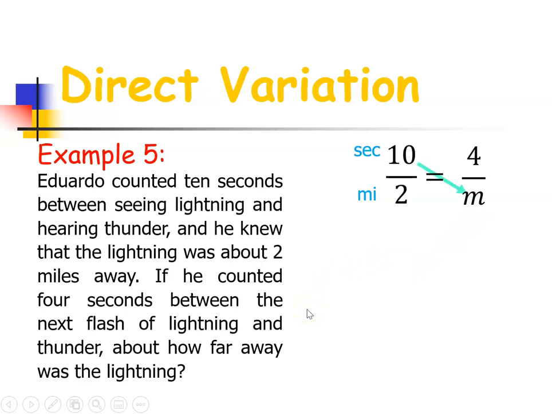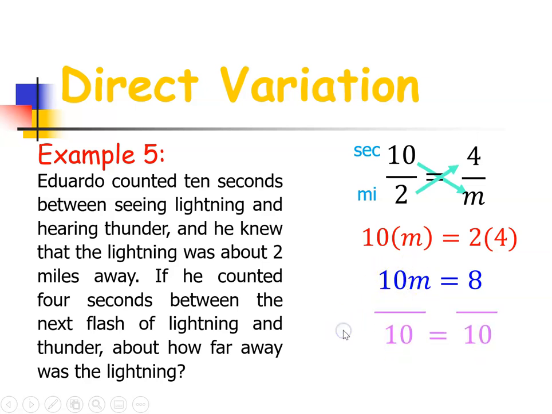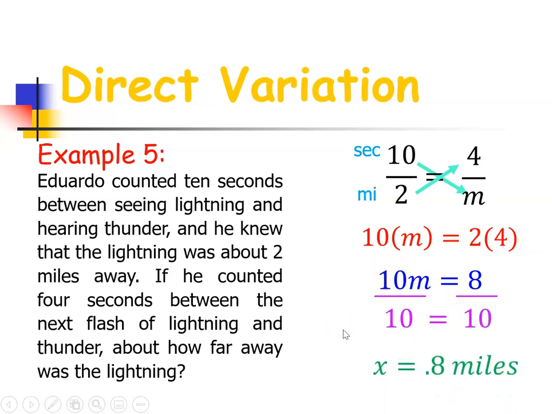I'm going to do the 10 times the M because I want my letter on the left, and then I'm going to do the 2 times 4. So that gives me 10M equals 8. Now, when the number and the letter are right next to each other, they are multiplying. How do we get rid of multiply? What's the opposite? We divide. So I have M equals 0.8 miles. And that is it.